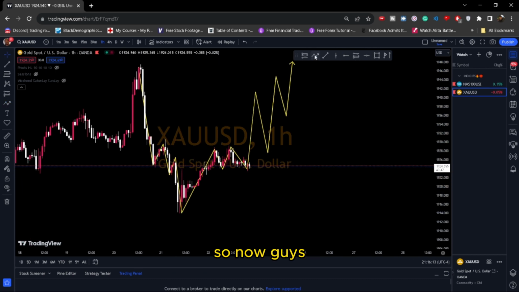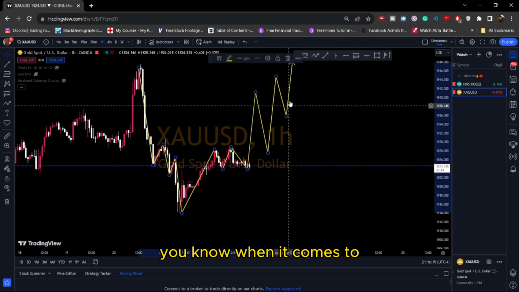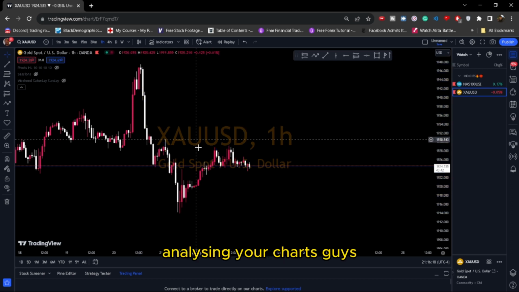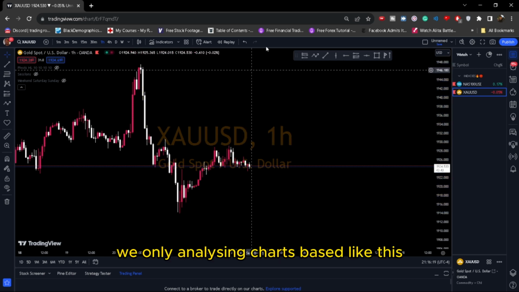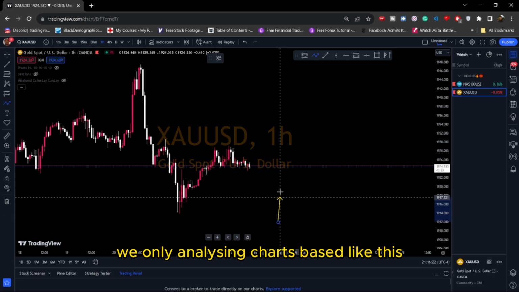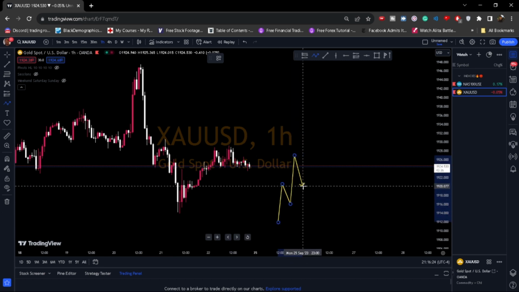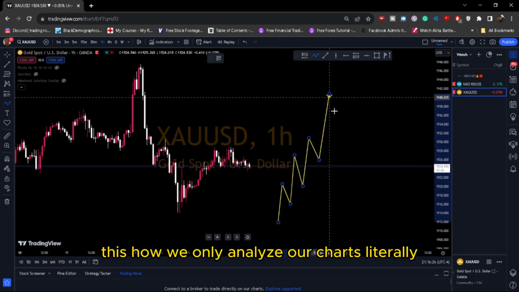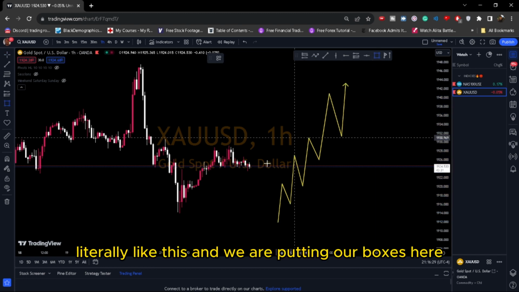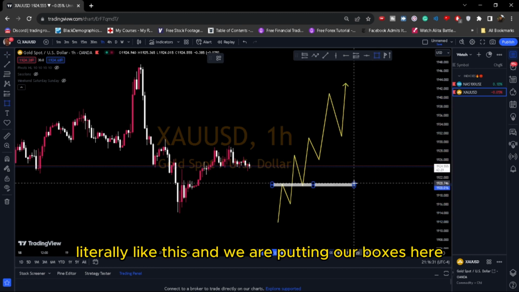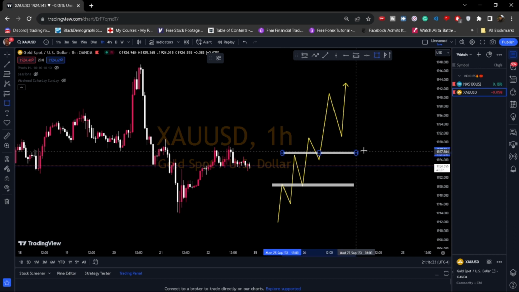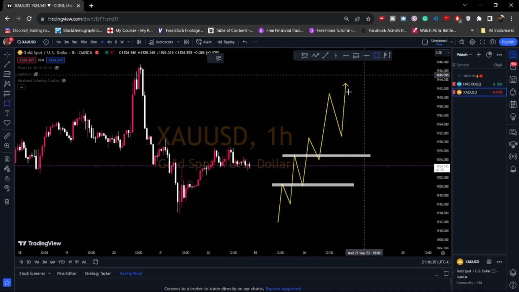So now guys, like I said, when it comes to looking at the trend and analyzing your charts, we're only analyzing charts based like this. This is how we only analyze our charts, literally like this. And we are putting our boxes here in an uptrend, right?